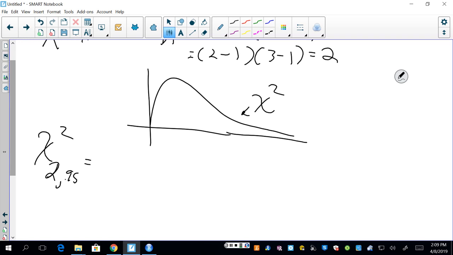What's the 95% cutoff value this time? You see it there? It's like 7.38. Not quite. That's 7.38 is under the 0.975 column. This one, everything's squared, so we are looking at the 95% value.